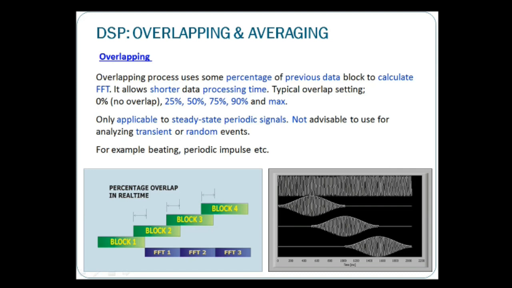These two features are quite common in commercial analyzers. When it comes to the software itself, it will ask you to define whether you want to do overlapping and how many averages you want to take.